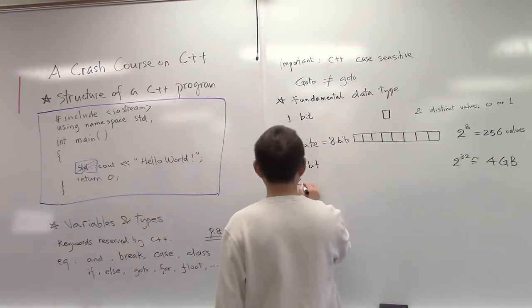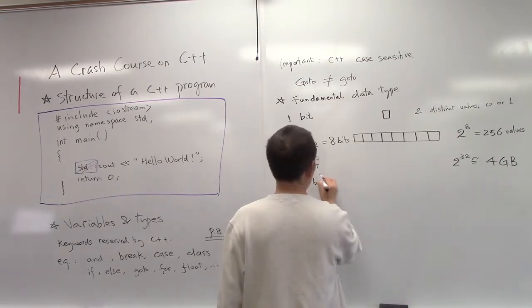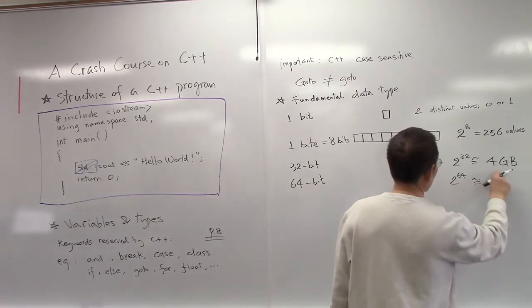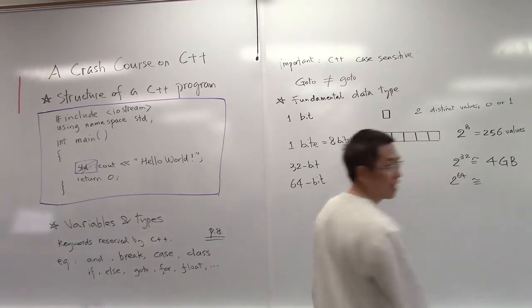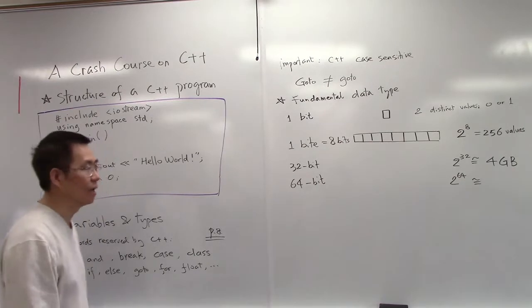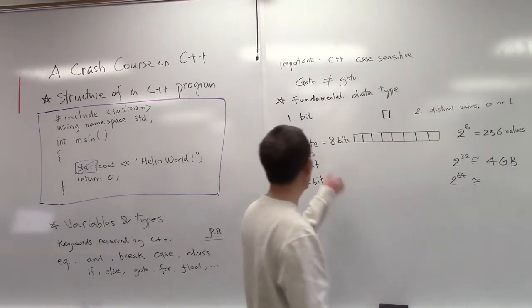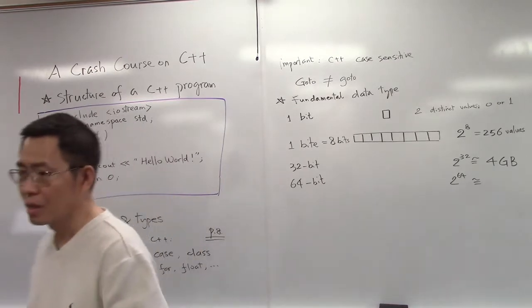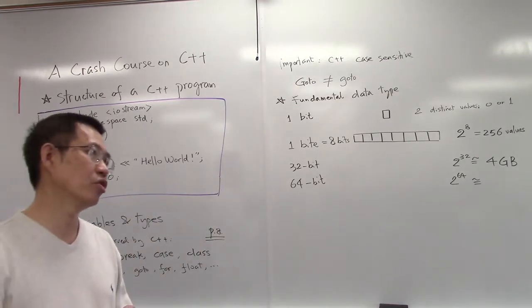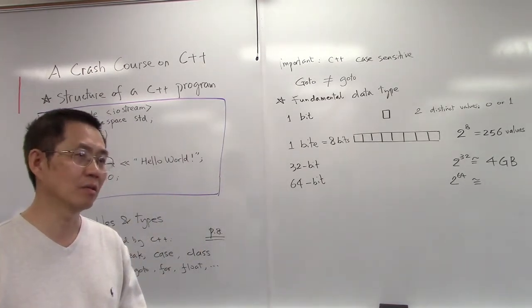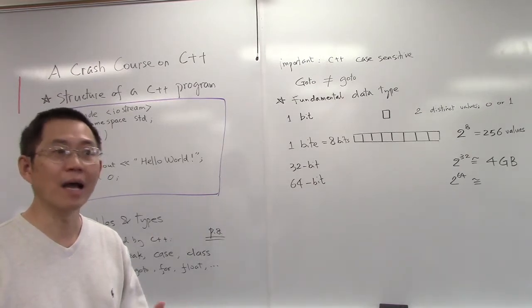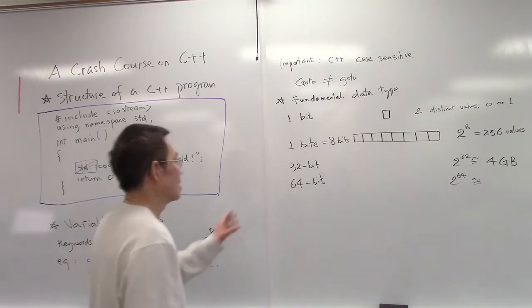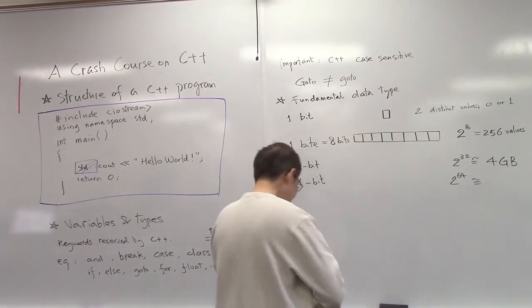And 64-bit will be 2 to the 64, which is another huge jump beyond 4 gigabytes. That is why on any 32-bit operating system, the largest memory that can be used is just 4 gig. If you buy 8 gig or 16 gig, it's useless because it cannot access the rest.